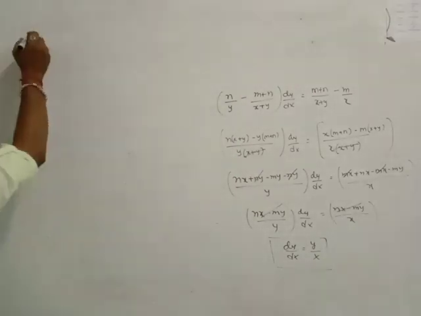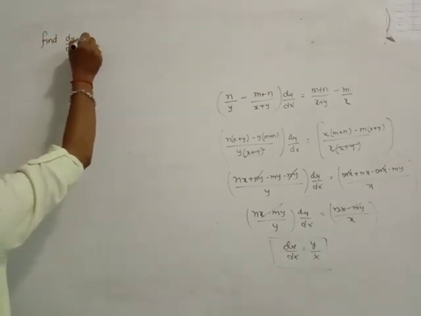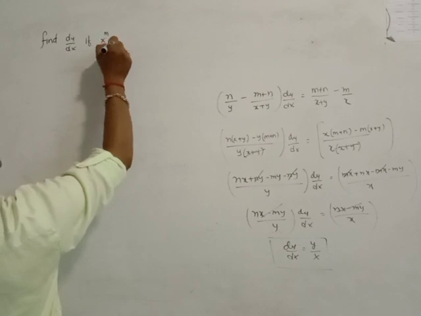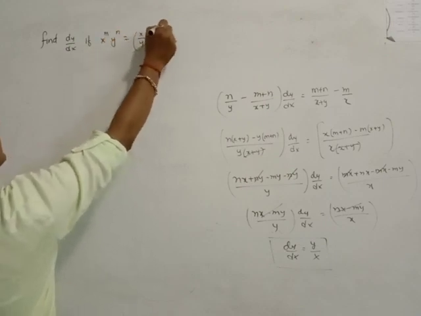That question is: find dy by dx if x power of m into y power of n is equal to x by y whole power of m plus n.